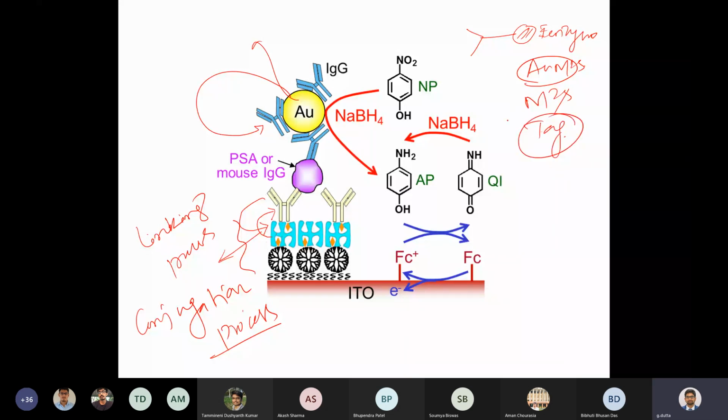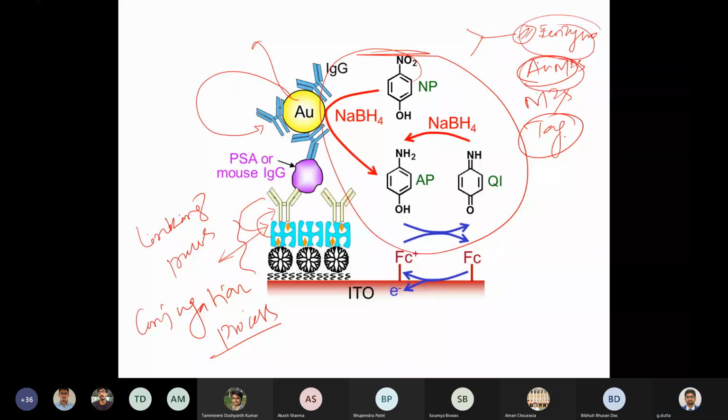They are helping some reaction. This tag, an enzyme or nanoparticle, is a kind of catalyst, right? They help this catalytic reaction. So how we can conjugate this kind of catalyst with the secondary antibody, that I will teach you in the next class.